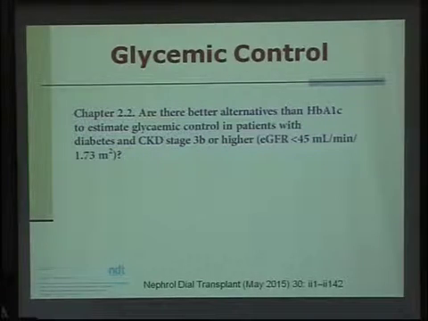Or in another way, is A1C an accurate therapeutic monitor for diabetic control in chronic kidney disease? Is it inaccurate? Why is it not accurate? And what is the effect of anemia on A1C? Decrease or increase?